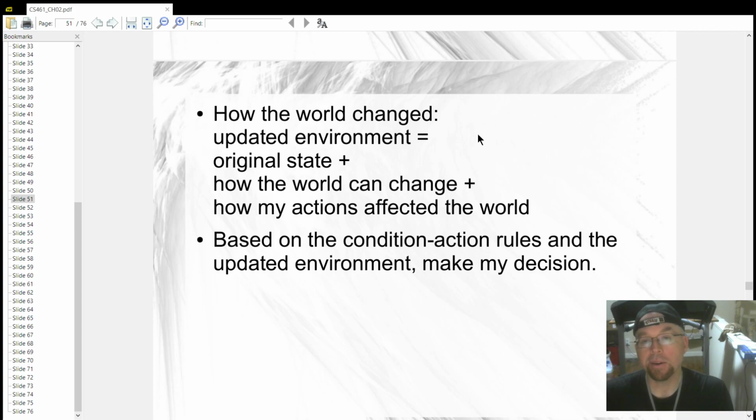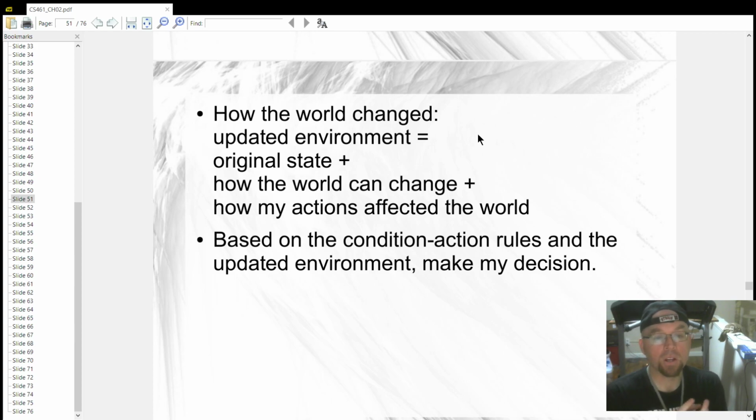How could the world change? Well, based off of what I know about the world right now, how it possibly can change in general, but also how my actions can affect the world. So what impact I can have on the world as an agent. So one possible updated environment could be what it was, how it can change without me, and how my actions can change the world.